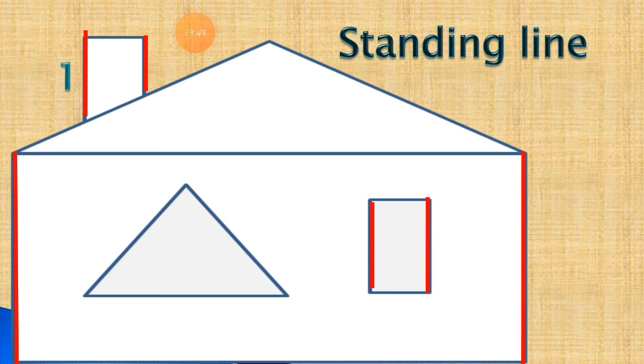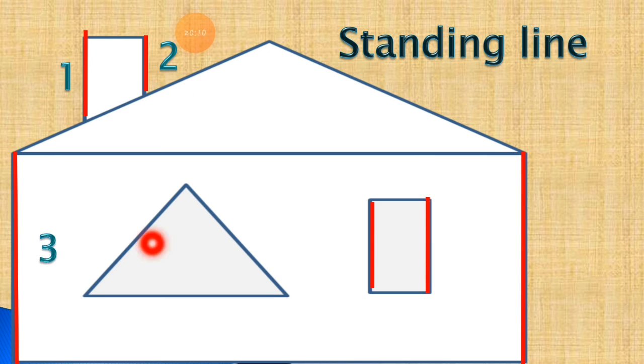See this, I am also giving numbers to the standing lines so it will be easy for us to count them. This one is the first standing line. This one is the second standing line.